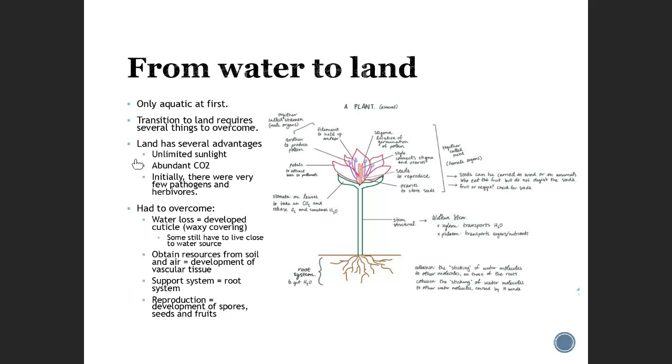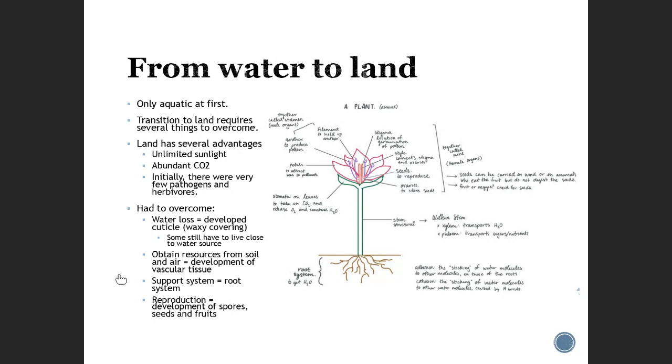Now, when you move to land, you have to overcome several things. First off is water loss, because you are going to be out there. Yes, more sunlight, but one of the disadvantages is that sunlight is going to dehydrate you. So you have to find a way to combat that. You're going to see development of a cuticle, which is like a waxy covering. Some of them don't have this, so they still have to live close to a water source.